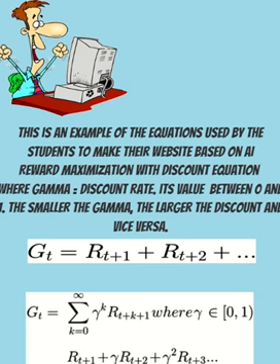This equation is called the reward maximization with discount equation. We have two equations. The above equation is a symbol of the more complicated bottom equation. In the bottom equation, we have gamma, which is the discount rate. Its value is between 0 and 1.